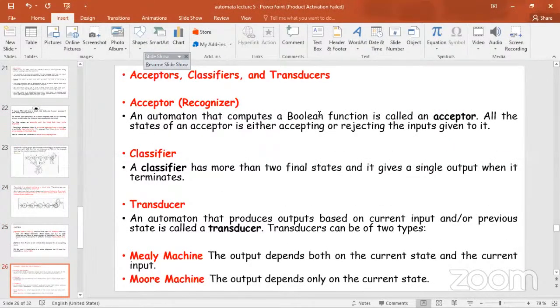So an automaton that computes a Boolean function is called an acceptor. A classifier has more than 2 final states, and it gives a single output when it terminates. So what we have here, in the former listing that I showed, is what? The classifier. All right, it's a classifier, that's correct.